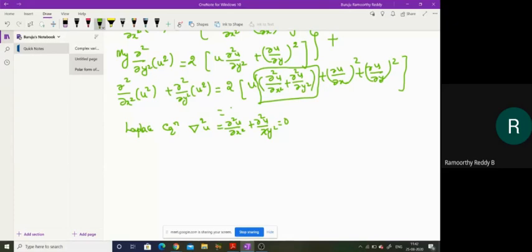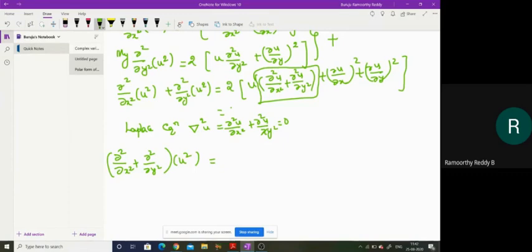Therefore, you get ∂²/∂x² + ∂²/∂y² of u².